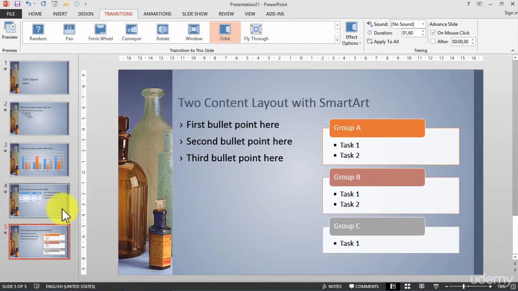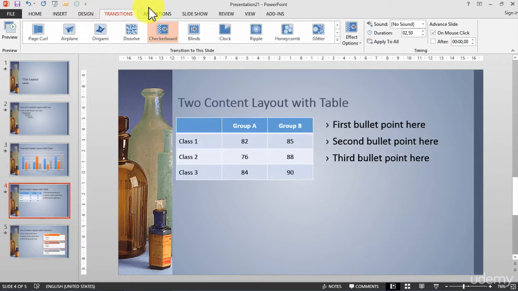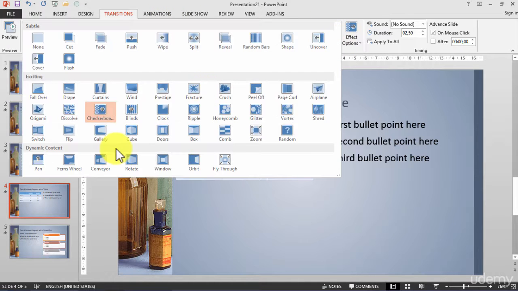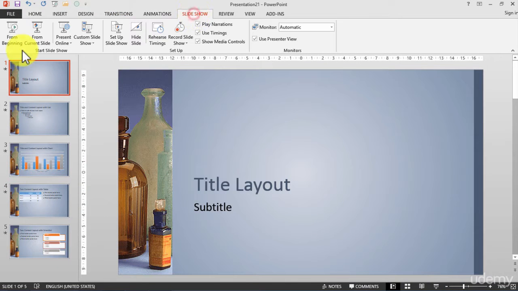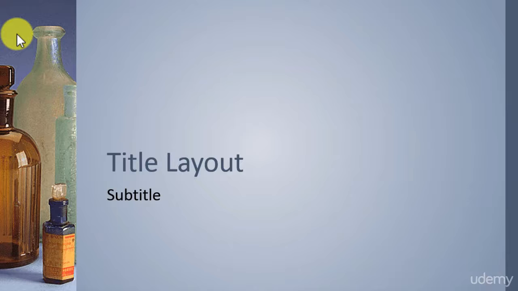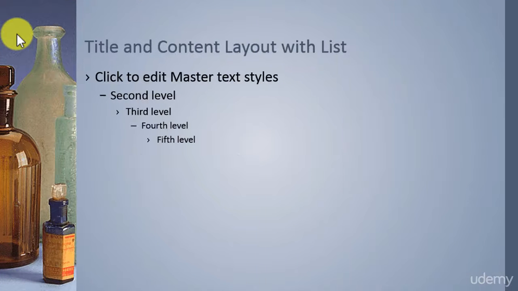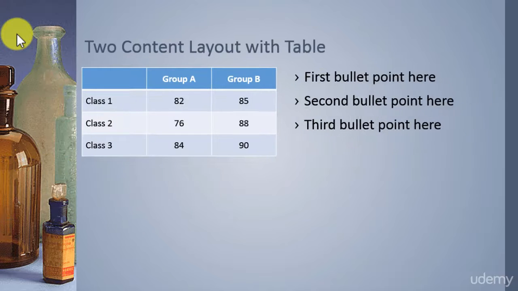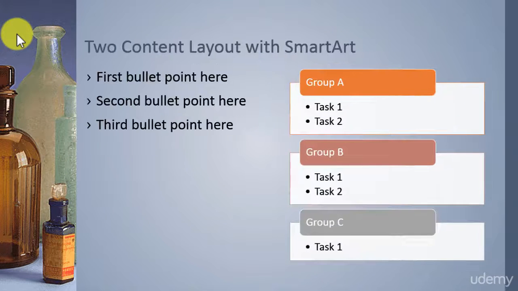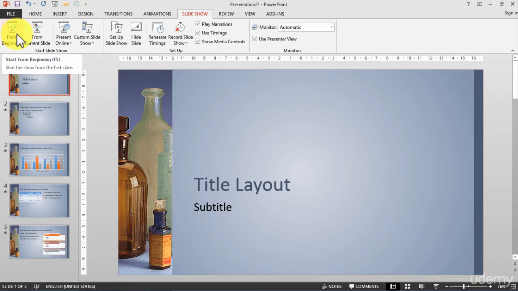Orbit is nice. Let's still use it for the first one. I like this one. The orbit here. Now let's start our slideshow from the very beginning. Slide 1, slide 2, slide 3, slide 4, slide 5, and this is it, our presentation.